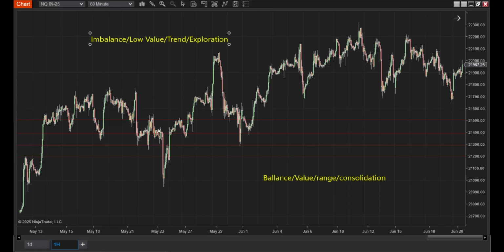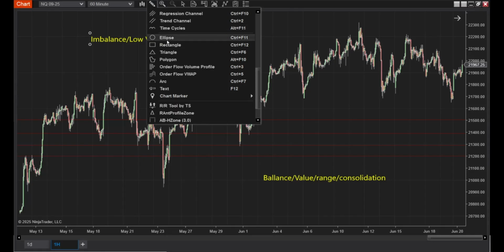Balance is when you have a balanced profile. Imbalance is when it moves away from that balanced profile. Range to trend is the same thing. You have a range, and then it's trending. Consolidation, exploration.